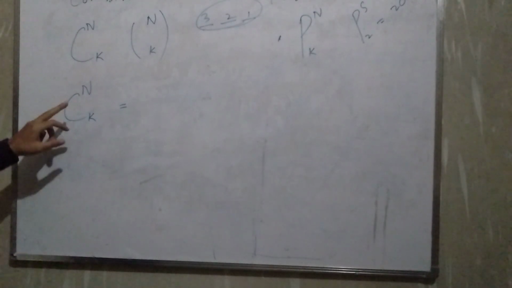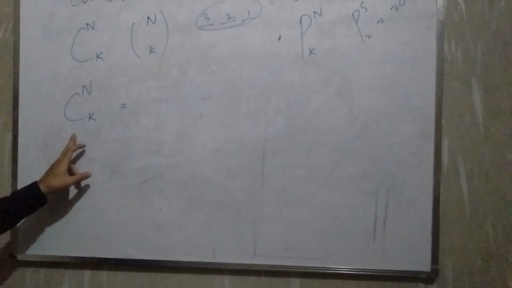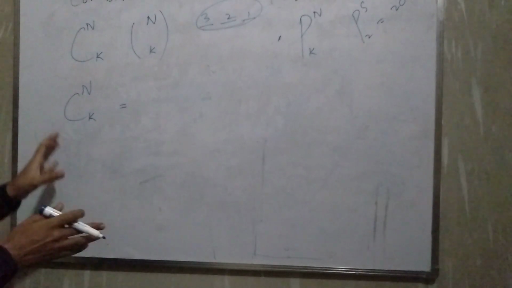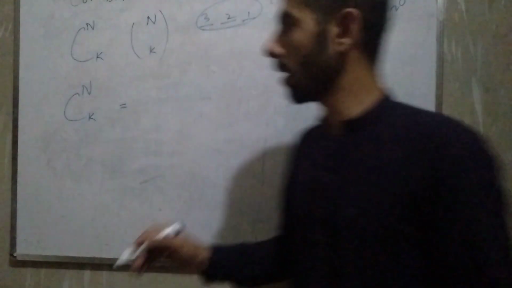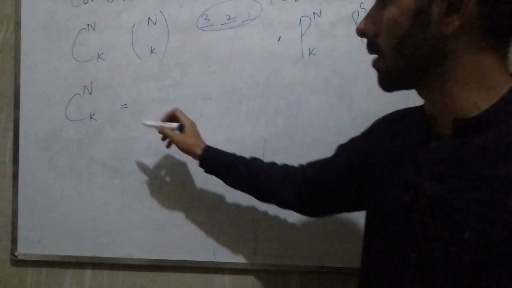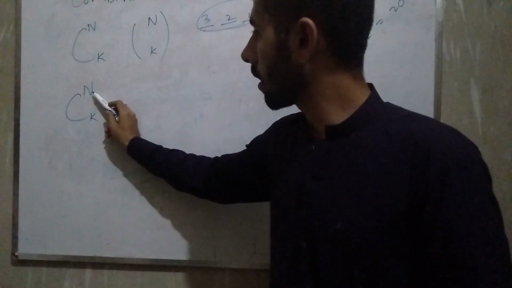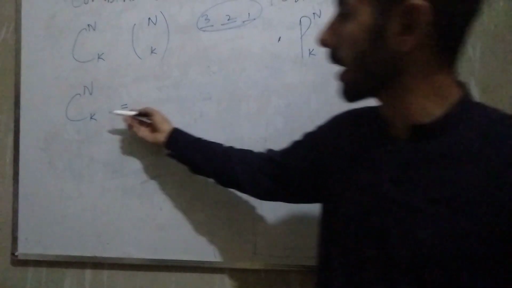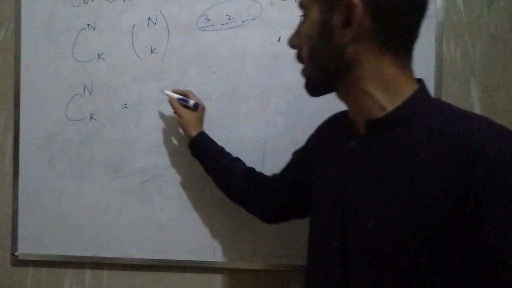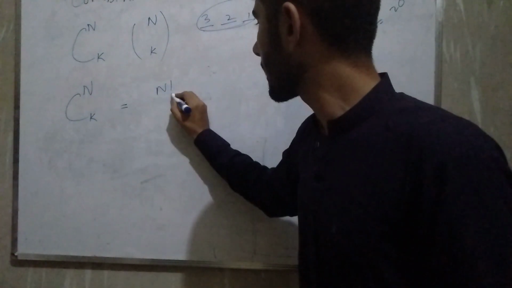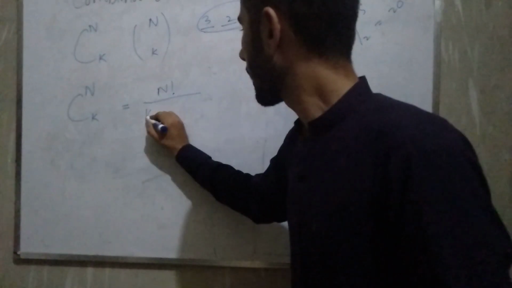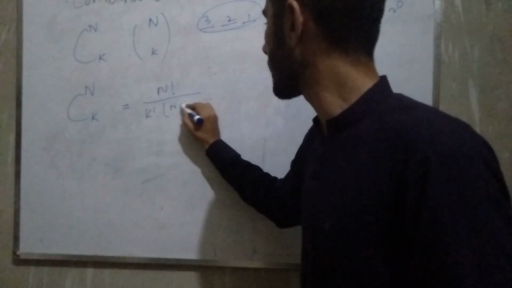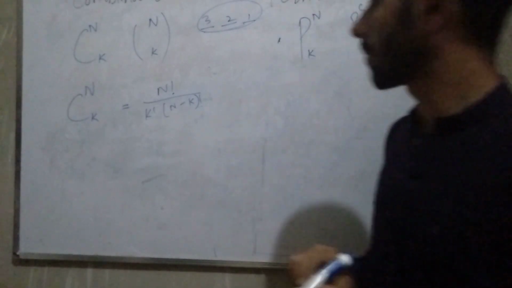Okay, so the simple formula or relation that we have for selection of k objects out of n objects, when we are choosing k objects out of n objects, we simply write it as n factorial divided by k factorial times n minus k whole factorial.